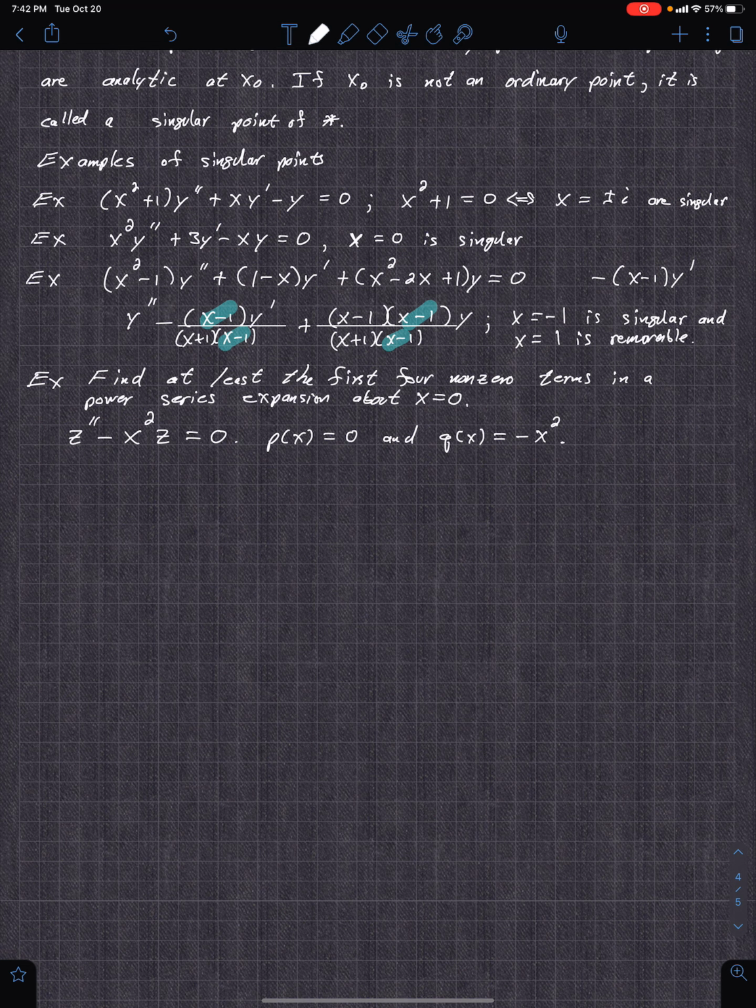So our equation is analytic everywhere and has no singular points. Okay, so nothing to worry about there.